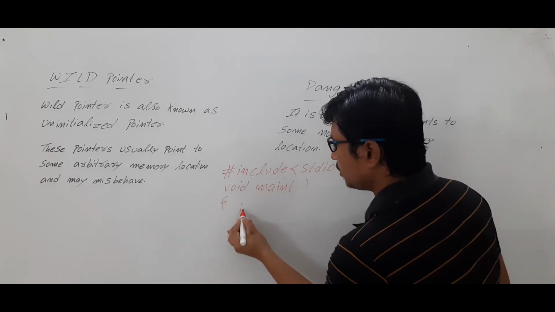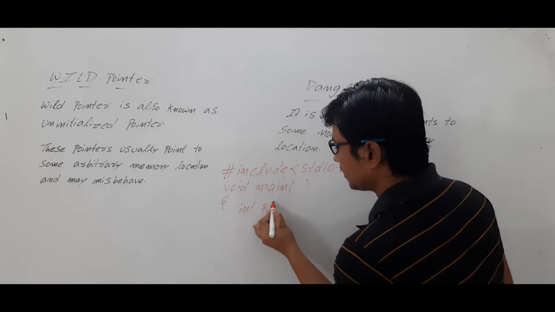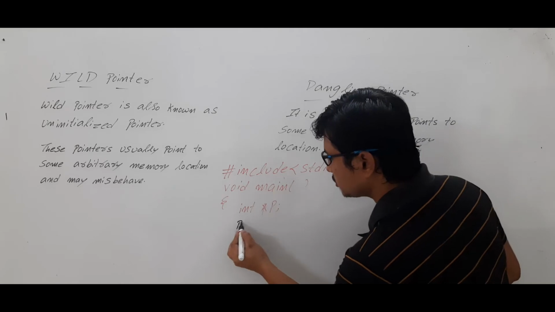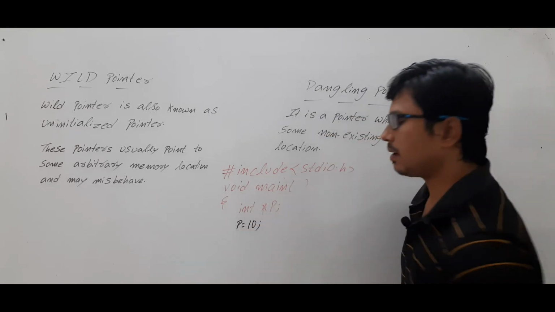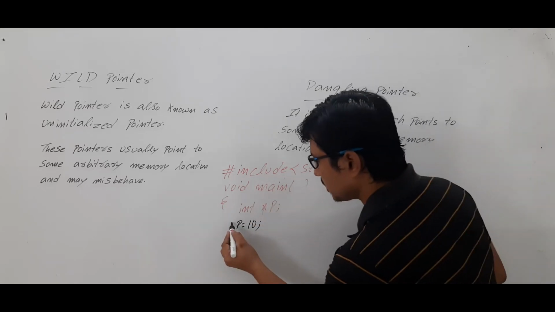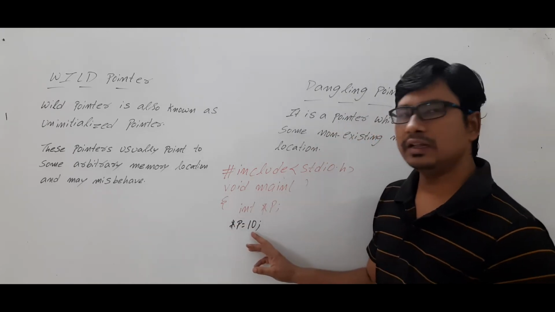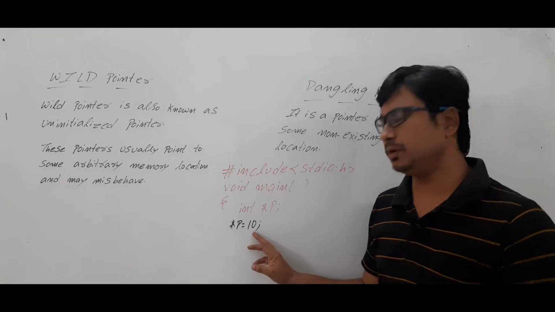Now you have declared an integer pointer and then you are writing the statement p is equal to 10. If you write p is equal to 10, then we will assume that 10 is the memory location.